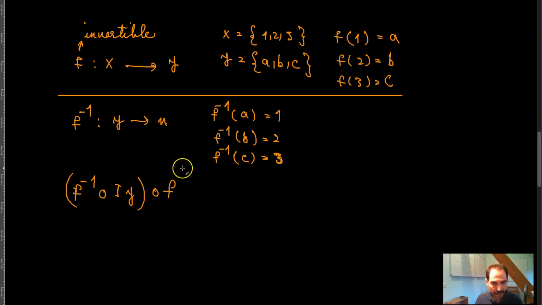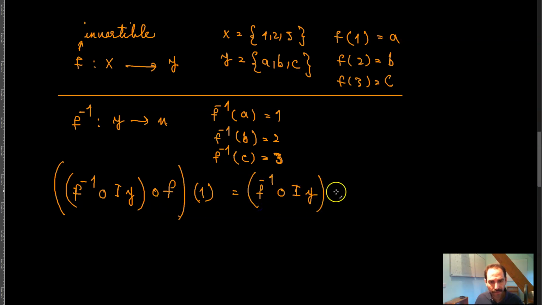So let's make the argument one of the members of the set x, for example, 1. So this is the same thing as f inverse composed with I of y of f of 1. Now f of 1, as you can see, is equal to a. So it is f inverse composed with I of y of a.